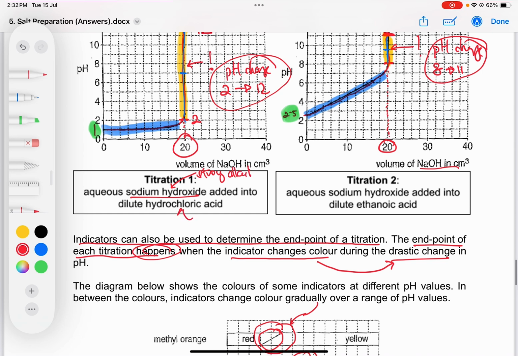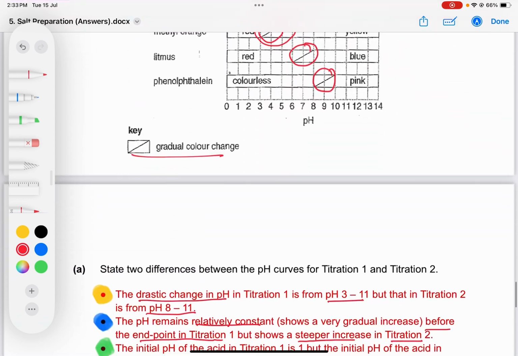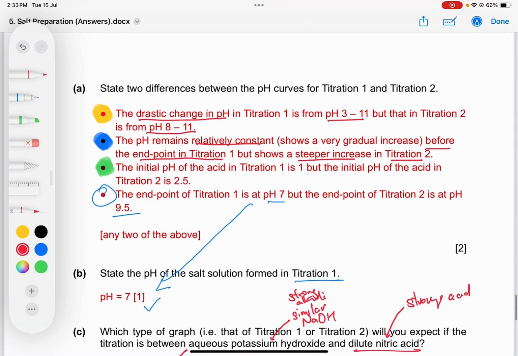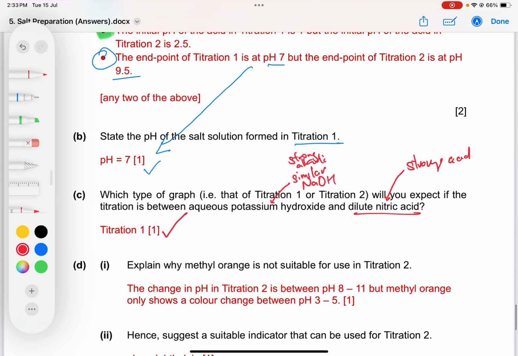That's how the curve will look. For titration 2, this is strong alkali with weak acid. Of course there are other combinations, weak alkali with strong acid, weak alkali with weak acid, but that's not covered in this particular question. Those are two other graphs you can see in titrations as well.